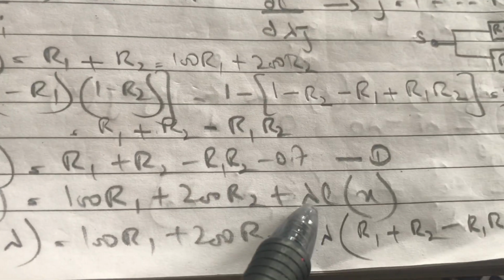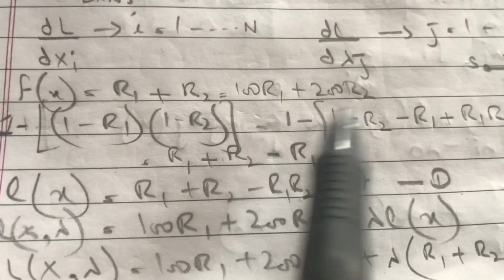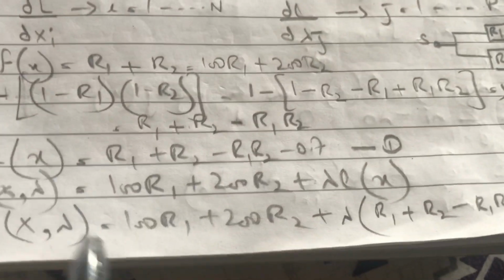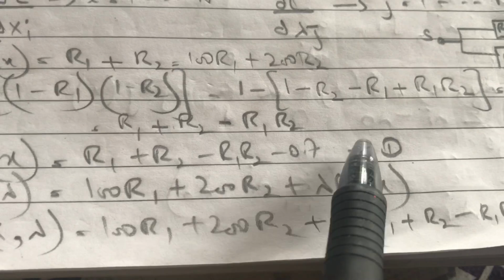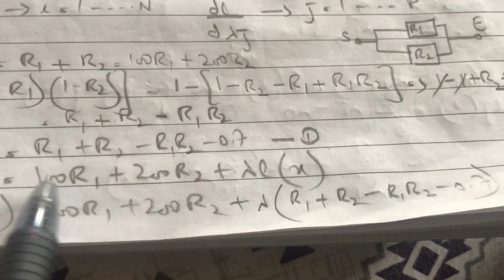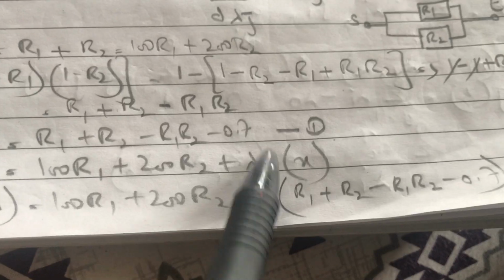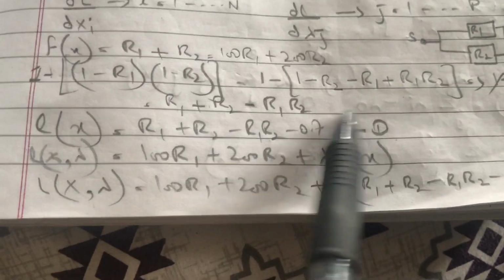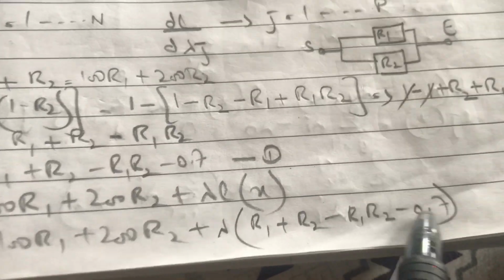So L of x is r1 plus r2 minus r1 r2 minus 0.7. By keeping the values in the equation, we name it equation 1. So now we keep the values for our joint probability: 100 r1 plus 200 r2 plus lambda L of x. And L of x, from equation 1, is r1 plus r2 minus r1 r2 minus 0.7.